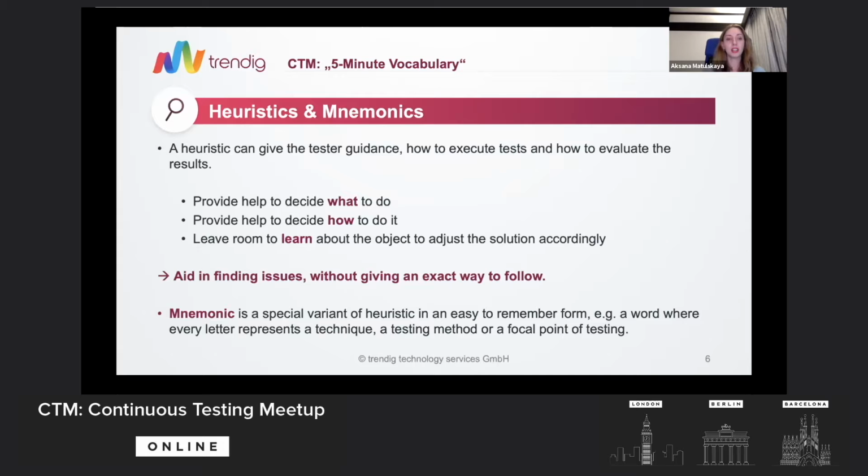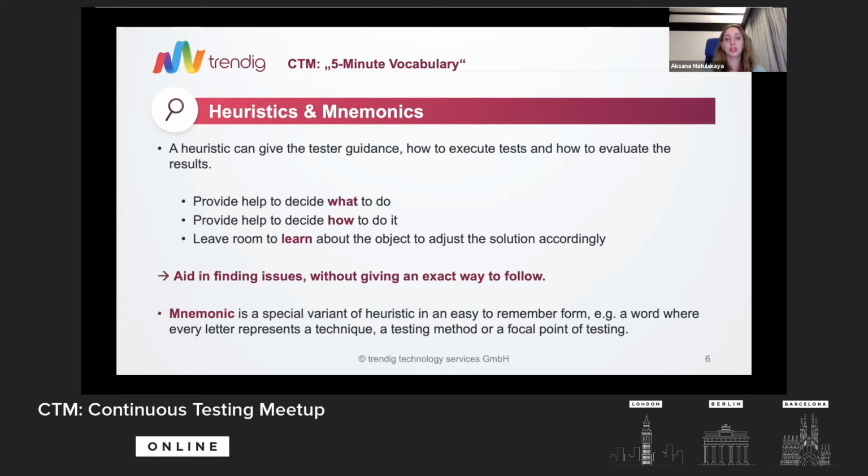The main idea of a heuristic is finding issues, but without giving an exact way to follow. Because we're speaking about exploratory testing, we explore the system, so we can't have an exact way to follow. We look at different parts of our application and discover our program. And a mnemonic is a special variant of heuristic.